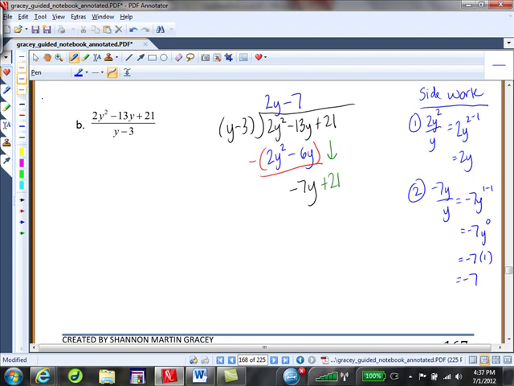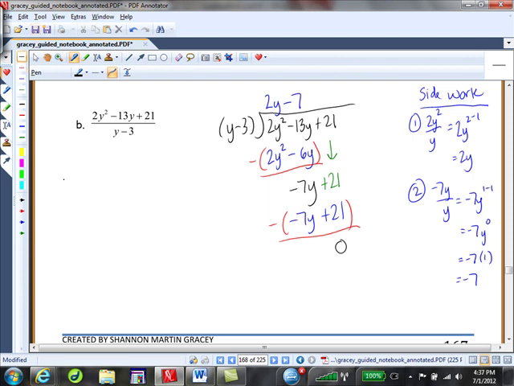So then, multiplying through, negative 7 times y is negative 7y. Negative 7 times negative 3 is positive 21. Now be careful, they're trying to sort of sucker you into something here. So here, the 7y's zero out. Oh, and actually the 21's will also zero out. So we will get a remainder here again of 0.